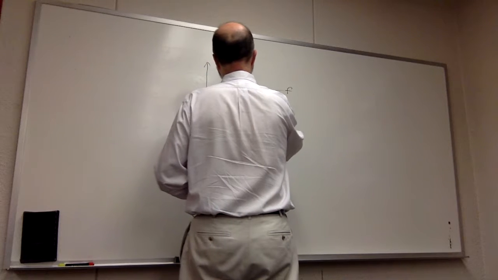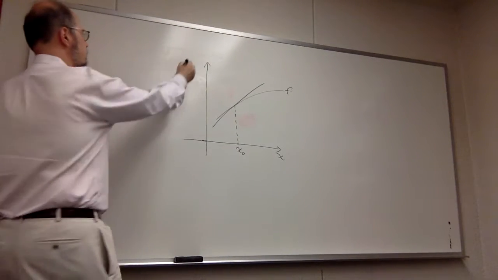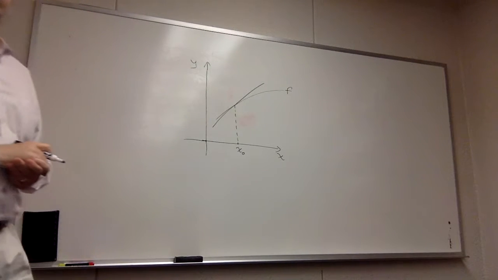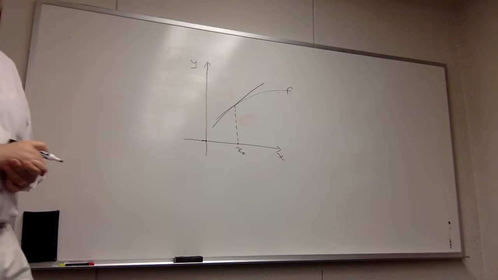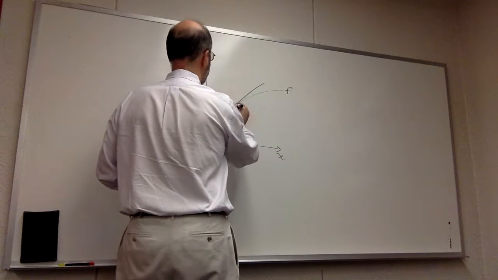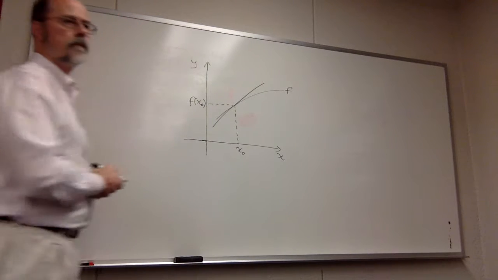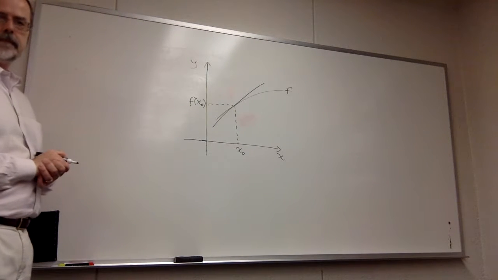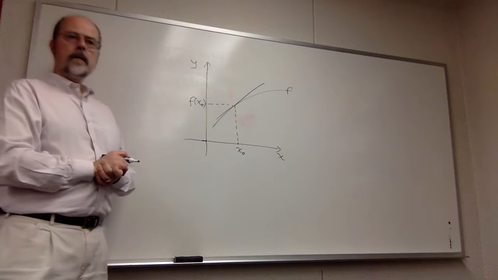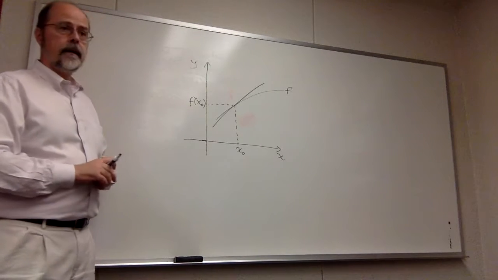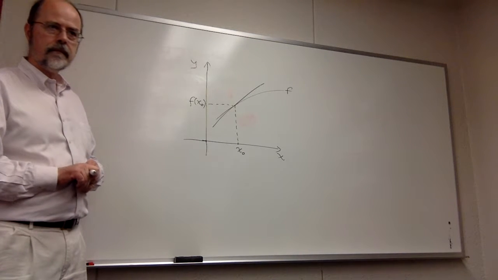Draw the tangent to the graph of the function at that point. Now, where is that line? Always above the graph of the function.